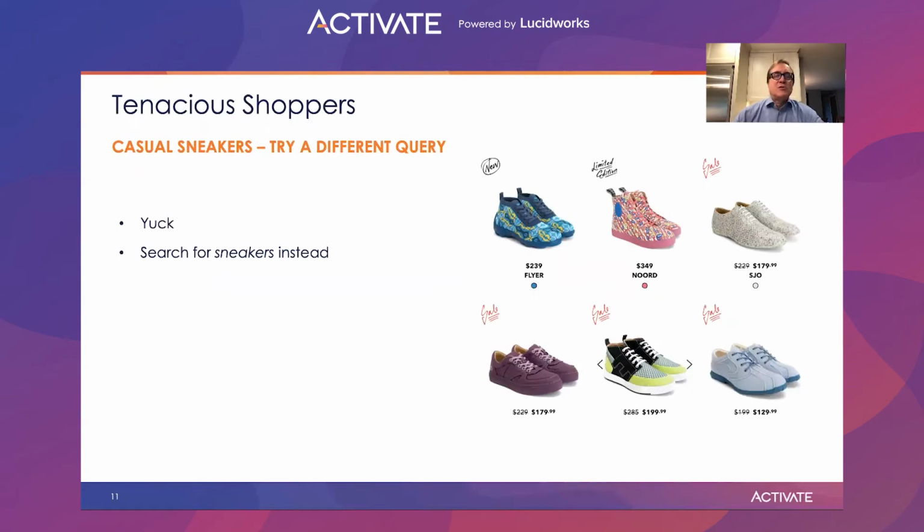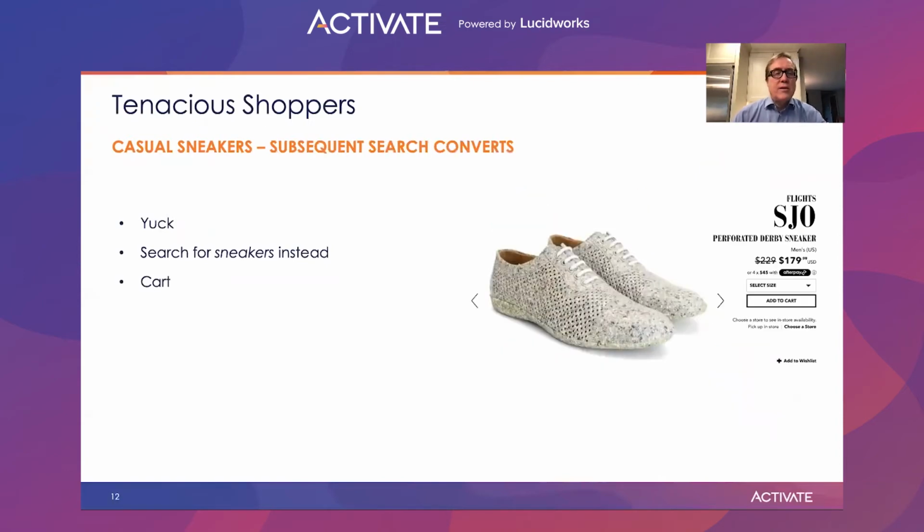So I try a different search. I relax my search and I just search for sneakers. And now I see one that I might be interested in. And I go ahead and cart that one.